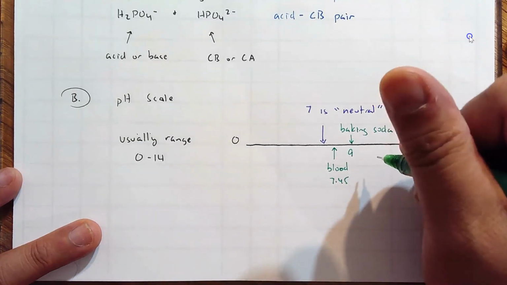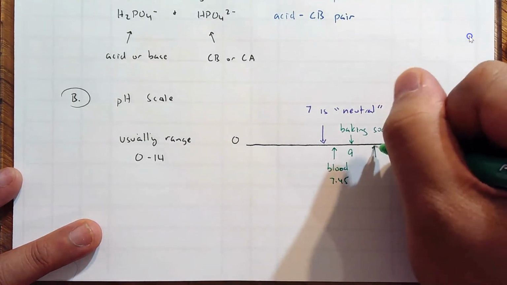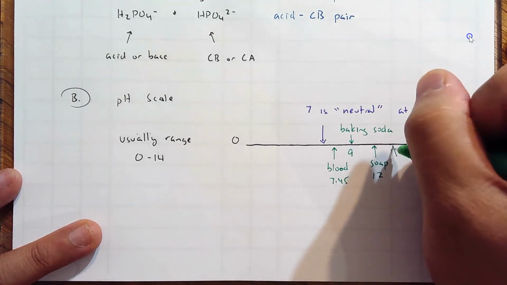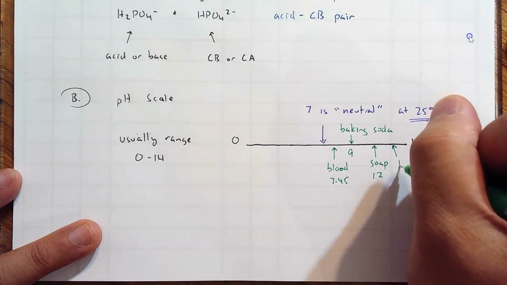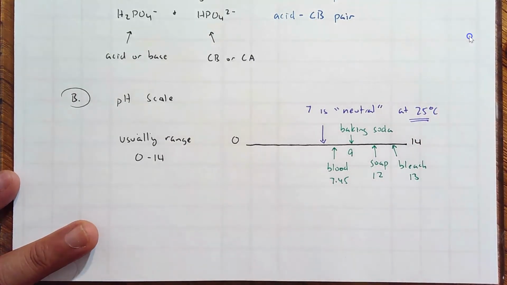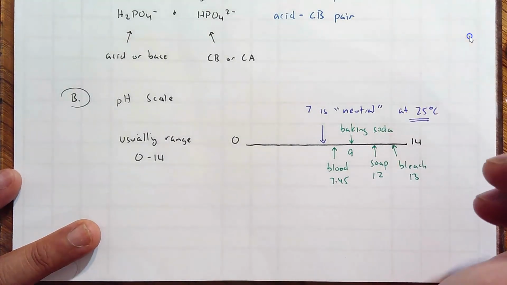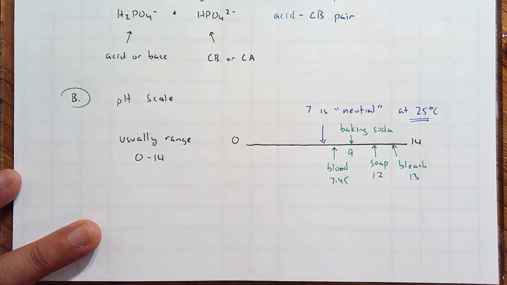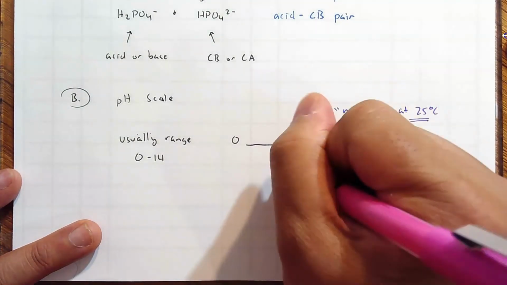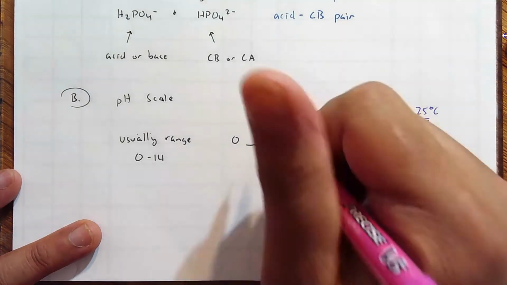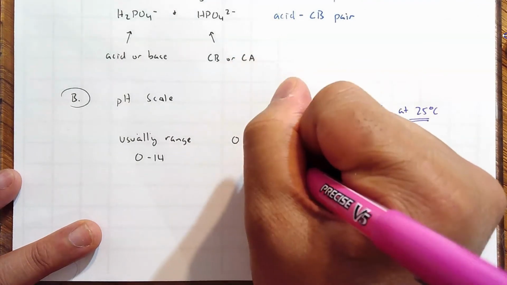And then we have soap, 12, pretty high. And then 1 pH unit above that is bleach, 13. Okay, that's pretty high also. Let's go in the other direction. I only have actually 2 examples. I have wine, pH 4, and then stomach acid.